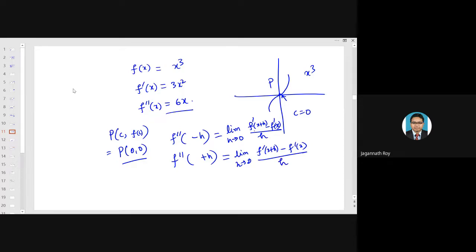So f dash of x is our this one. In this case, f dash of x minus h. For the first derivative, f dash of x minus h minus f dash of x divided by minus h will be there. Then it will be minus h. If you substitute, this will be plus h.